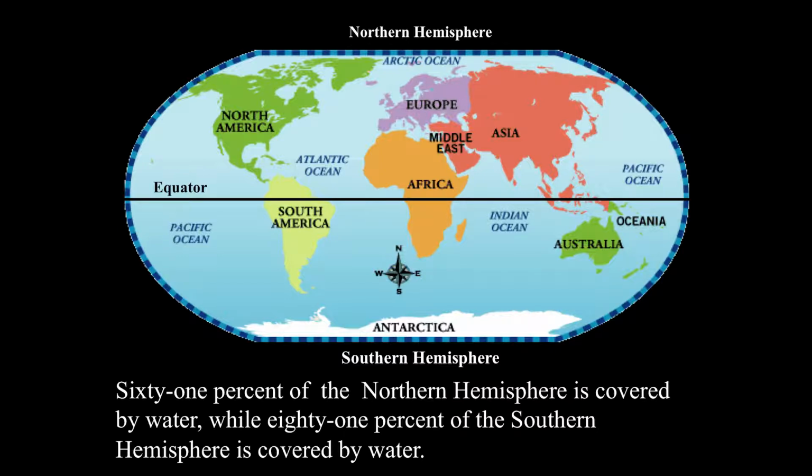A close look at the Earth's surface shows that 61% of the northern hemisphere is covered by water, while 81% of the southern hemisphere is covered by water. However, on a planetary scale, the ocean is small. In fact, there is more water within the Earth's interior than in its oceans and atmosphere.